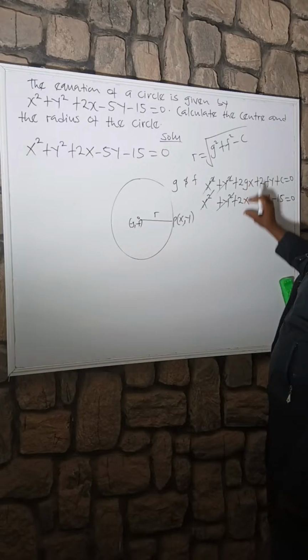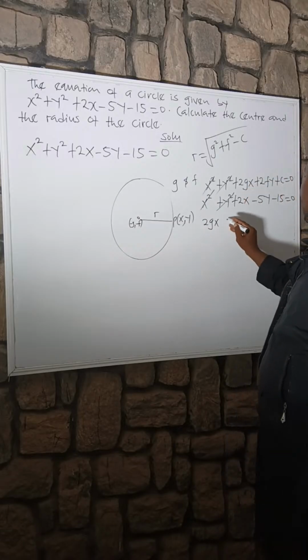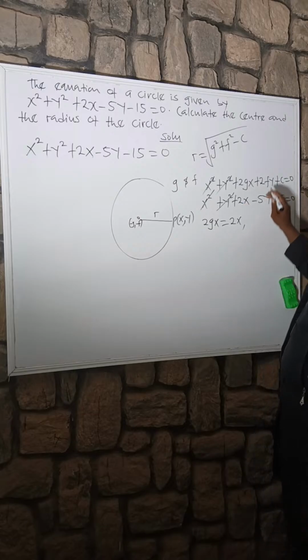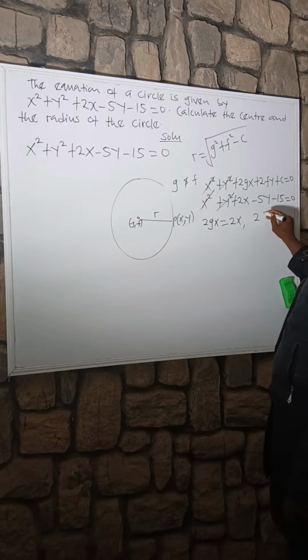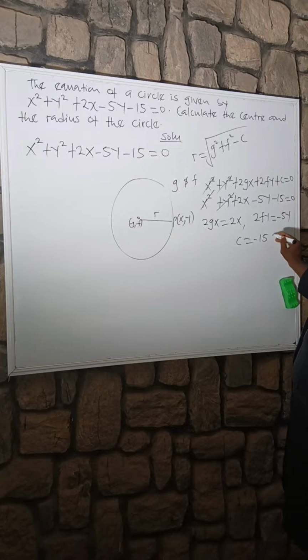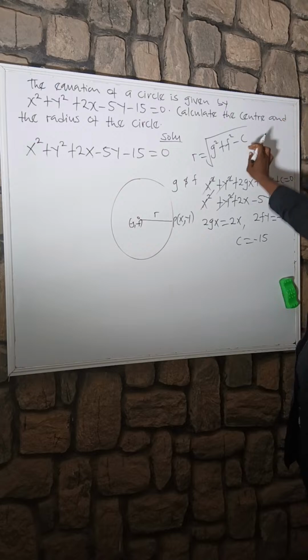Then here we have 2gx equals 2x, and here we have 2fy equals minus 5y. Then our c is equal to minus 15. It means we are able to obtain this.